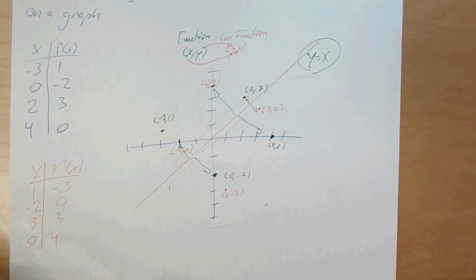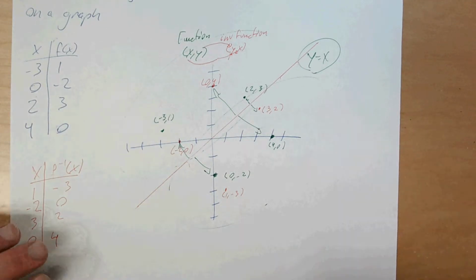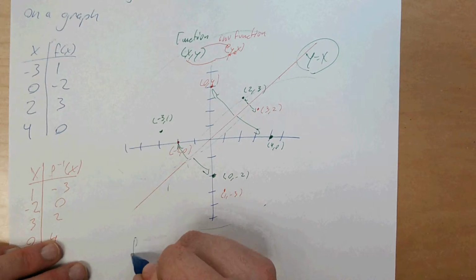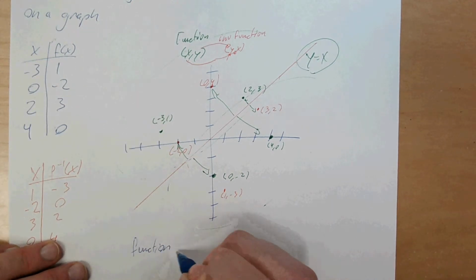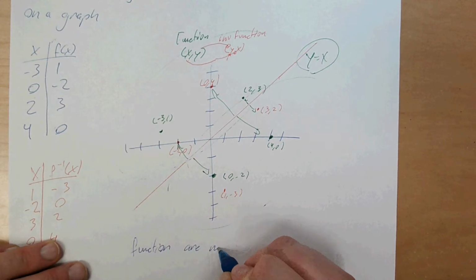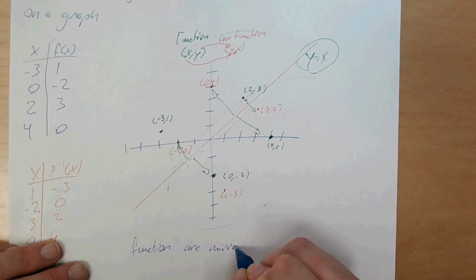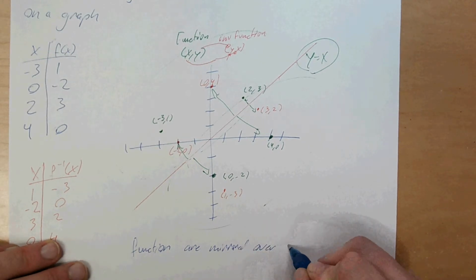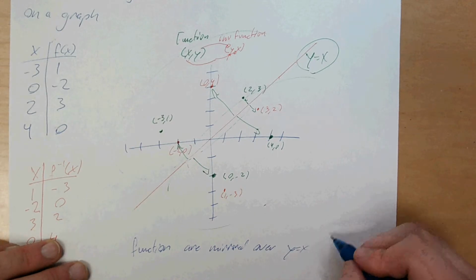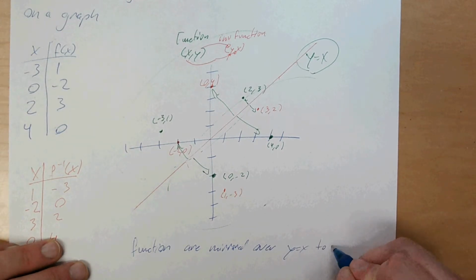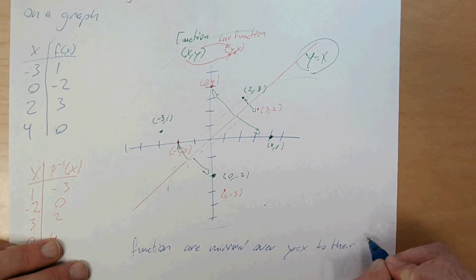So for inverse functions and a function, this is like a relationship between them. Functions, right, are mirrored over y equals x to their inverse. To their inverse.